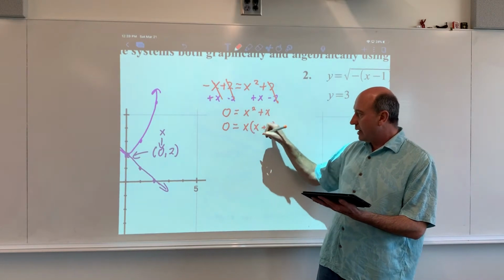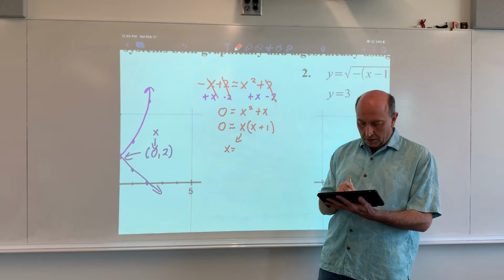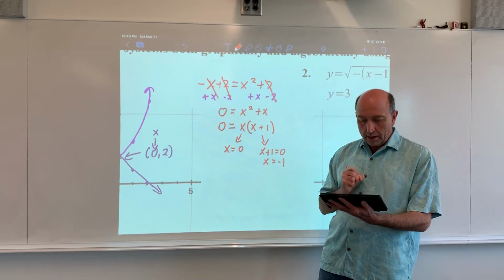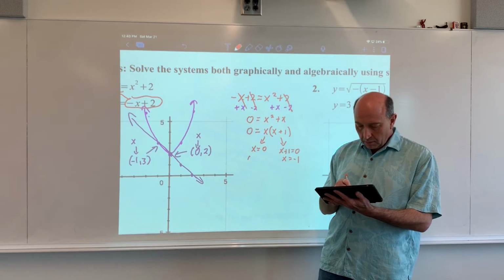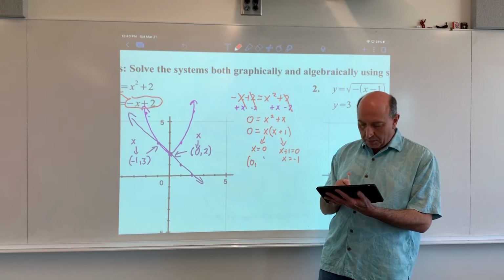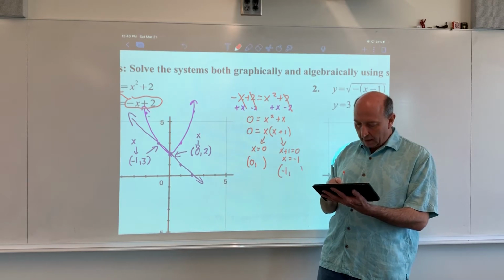Because 0 times any number is 0. So what makes this part 0 is 0. And what makes this part 0 is -1. So this solution then, x is 0, so that means it's 0 something. X is -1, so that's -1 something.